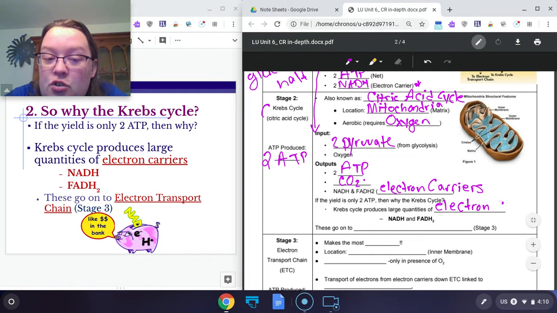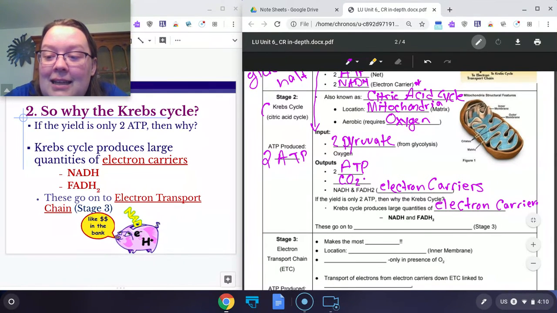And remember, these electron carriers are going to be making lots and lots of ATP in the end. So making the electron carriers now will pay off later. It's kind of like putting your money in the bank. Later you'll be able to use it to make more. So these electron carriers are going to go on to the third step, which is the electron transport chain.